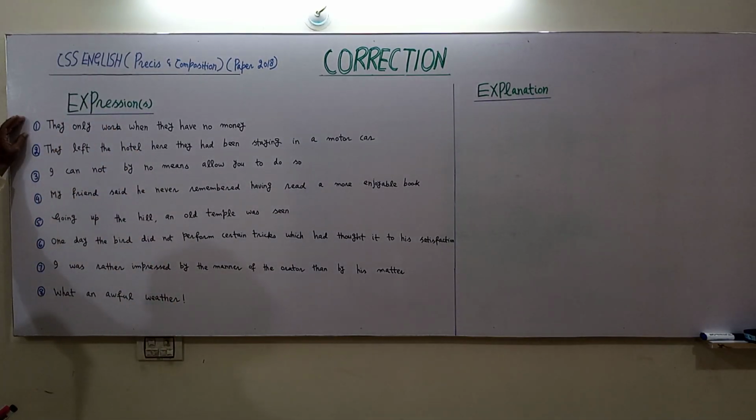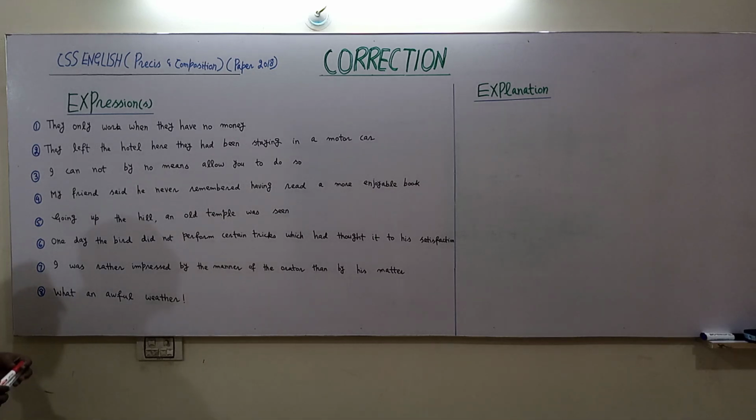The first expression is, they only work when they have no money. The second is, they left the hotel where they had been staying in a motor car. The third one is, I cannot by no means allow you to do so. The fourth is, my friend said he never remembered having read a more enjoyable book.